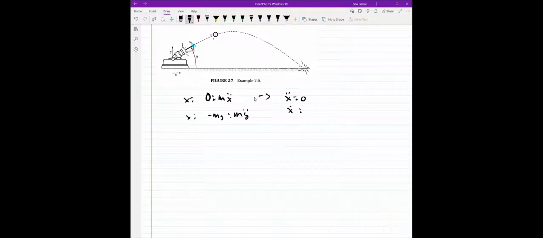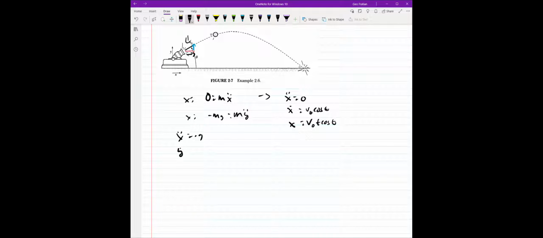So x prime is equal to v naught cosine theta. That's just v, right? It's this component right there. And then x is equal to v naught t cosine theta. You can just get these from your regular equations as well. We're also assuming this height right here is 0, like it's sufficiently small. Now for the y direction, we have y double prime is equal to negative g.